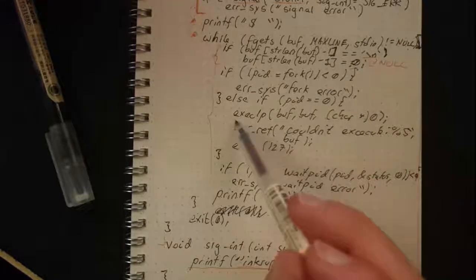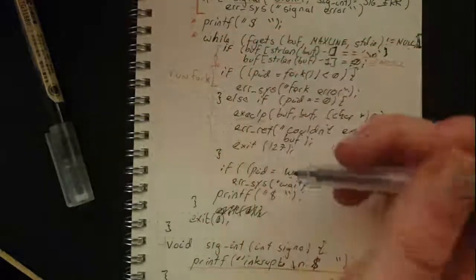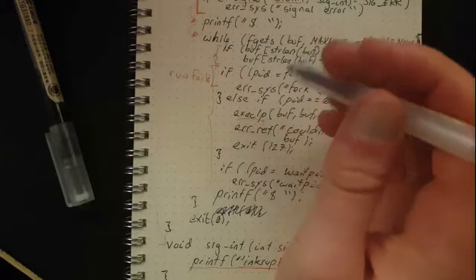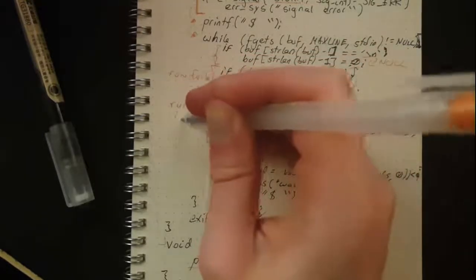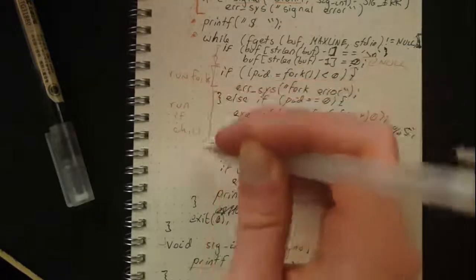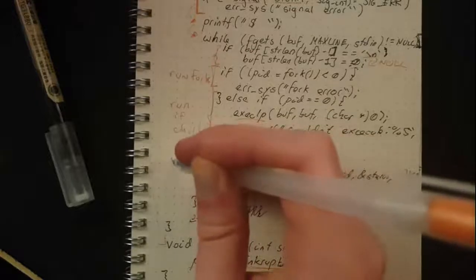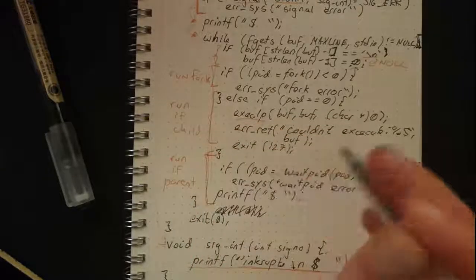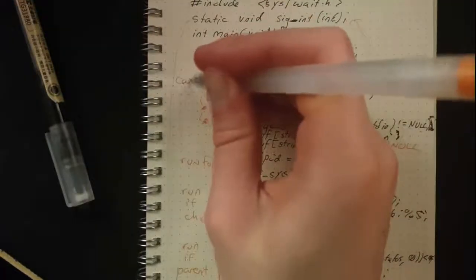For the exit copy function, we run a fork. We run this if child, and we run this if parent. This catches signal.